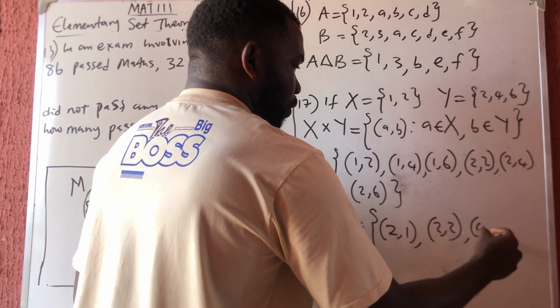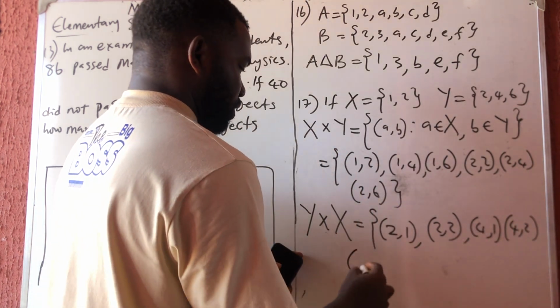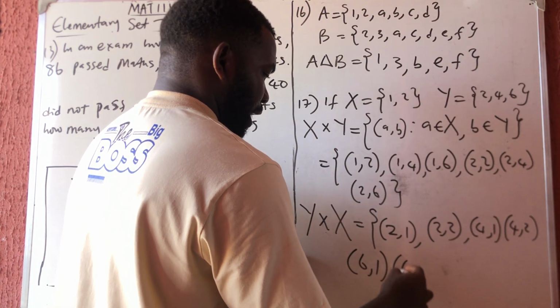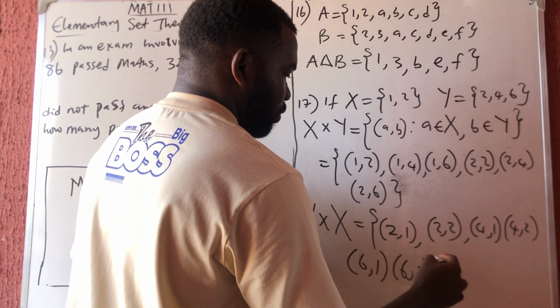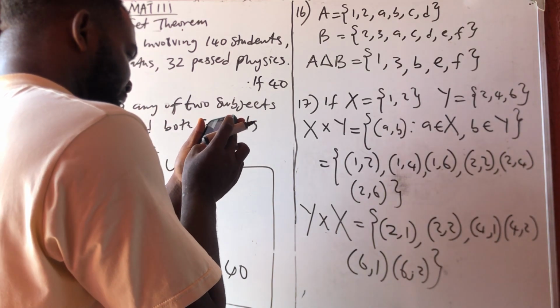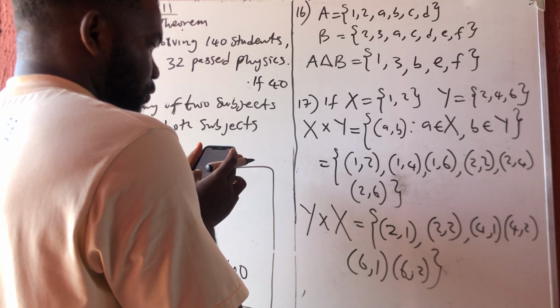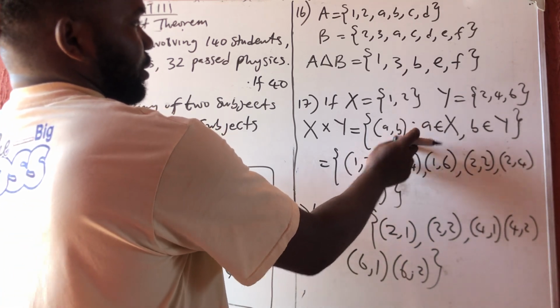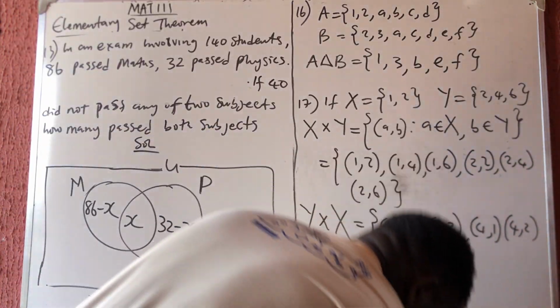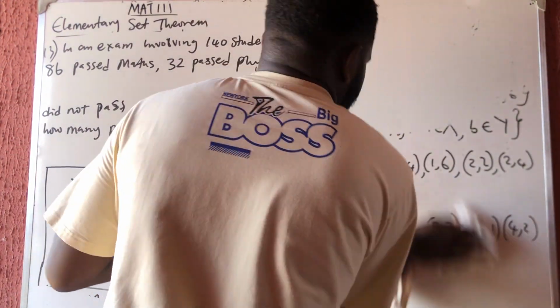Let's go to 4: 4 is combining with 1, and 4 is combining with 2. Let's go to 6: 6 is combining with 1, and 6 is combining with 2. If you look at the options, the answer is (4, 1), which is not inside X cross Y. So that is the one that is not an element. So (4, 1) is the answer to question number 17.